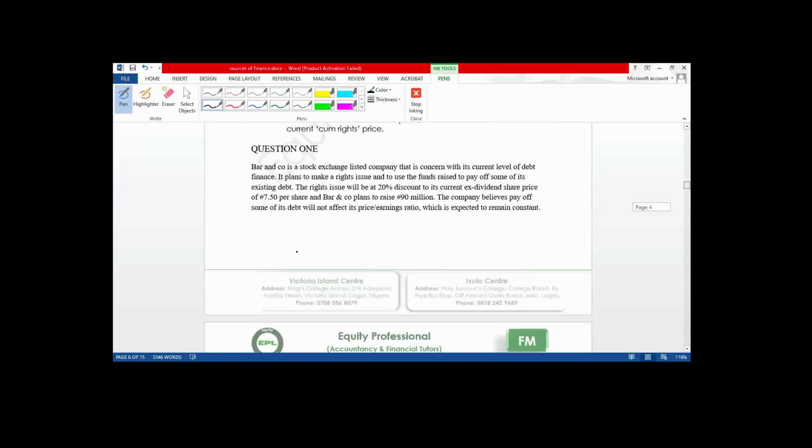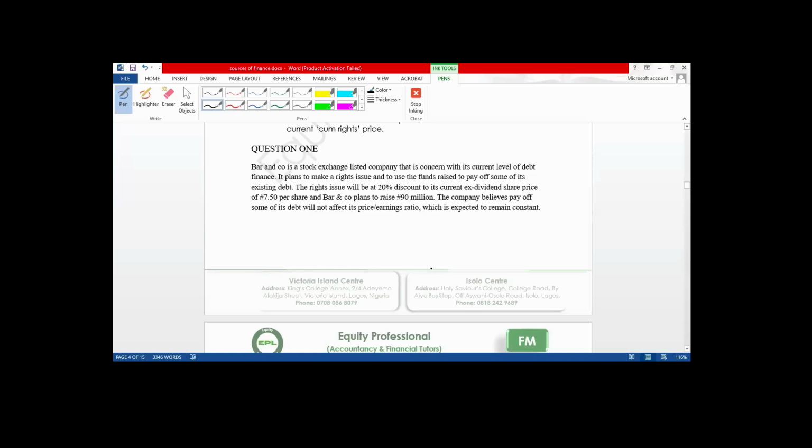So we're issuing 90 million. The company plans to raise 90 million naira at a price of 6 naira per share. How many shares do we need to issue? 15 million shares.